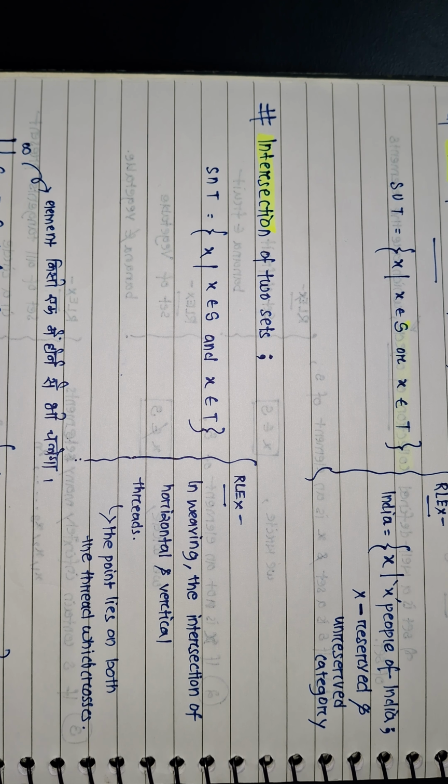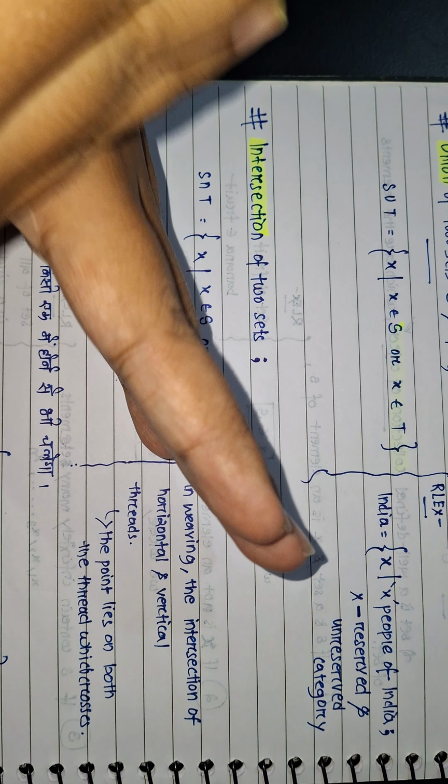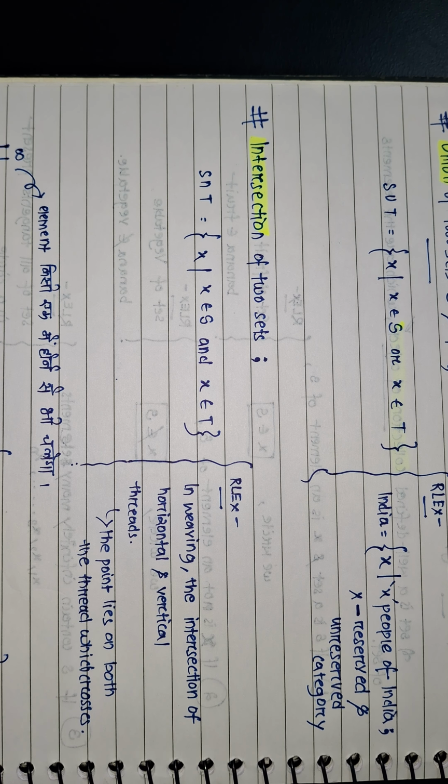If we make a set of the horizontal threads and another set of vertical threads, the point where the threads cross each other is the intersection of those two sets.